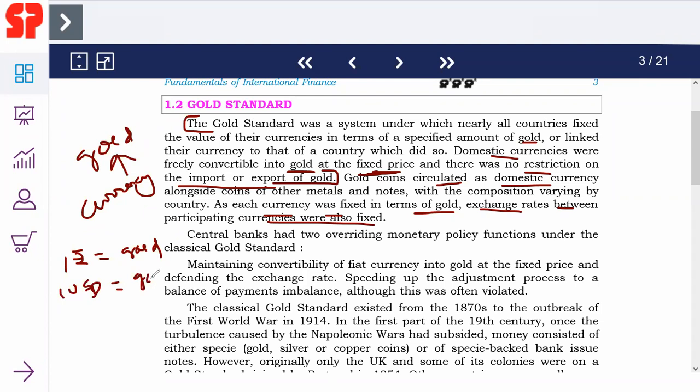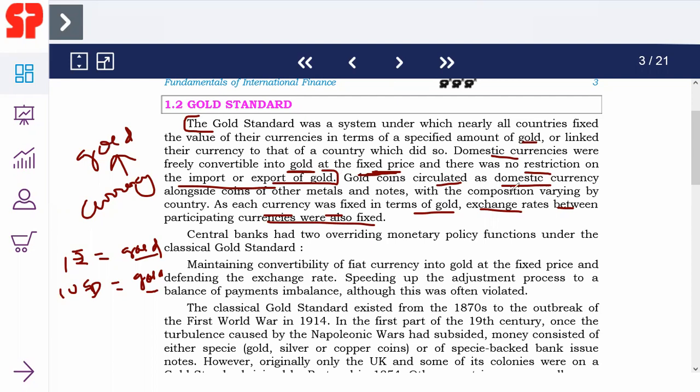So now you know that when the right hand side is gold, you can compare the left hand side also. Like that you can determine the exchange rate of two currencies in the gold standard. Just in brief, understand: under the gold standard, currency was linked to gold, and gold was also treated as currency only. Logical, no? Because if you are linking currency to gold, gold will also be a type of currency only.